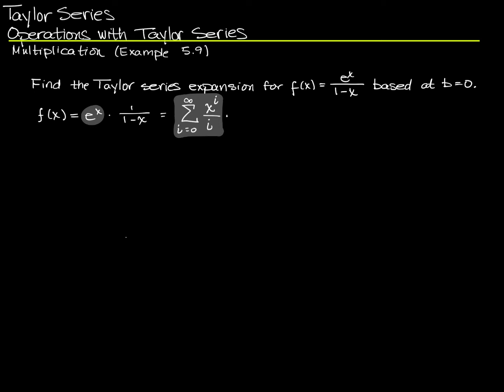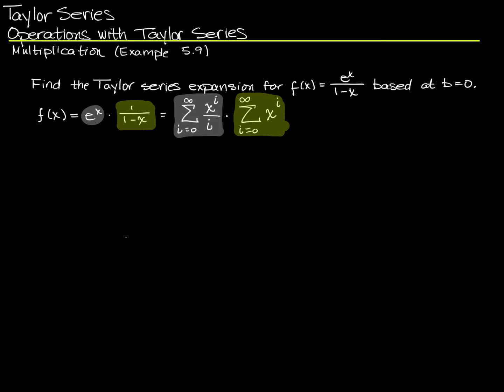And now I'll rewrite this expression using its Taylor series. That's just the sum, as i goes from 0 to infinity, of x to the power of i. So that corresponds with 1 over 1 minus x.